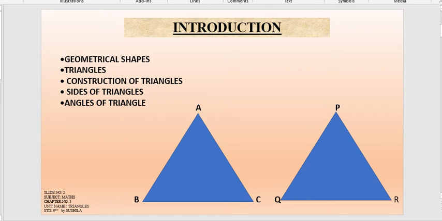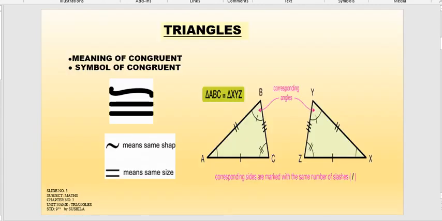In this chapter, what exactly we are going to see in the chapter Triangles is the congruency of triangles. Before going into detail about congruence of triangles, we should know the meaning of congruent and the symbol of congruent, right?